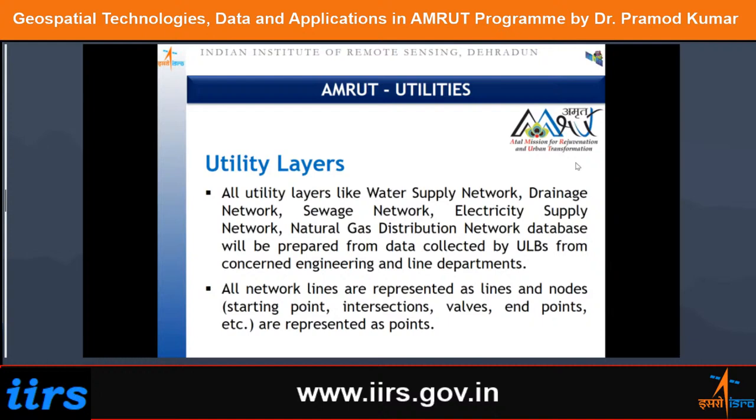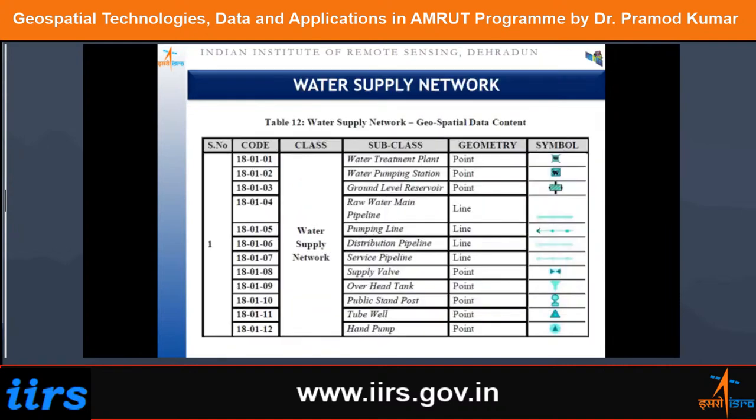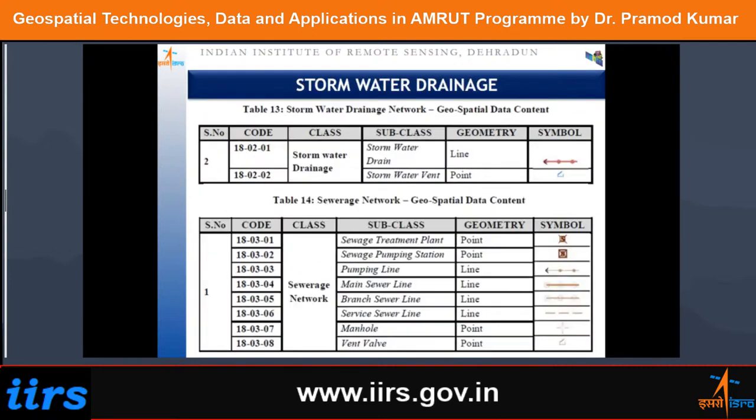They have to be collected using various ground-based methods or allied techniques and then brought into the GIS domain, whether it is the water supply network, storm water network, sewerage network, power and gas network, and so on. One can also utilize mobile apps, and from the mobile apps, this database can be generated.